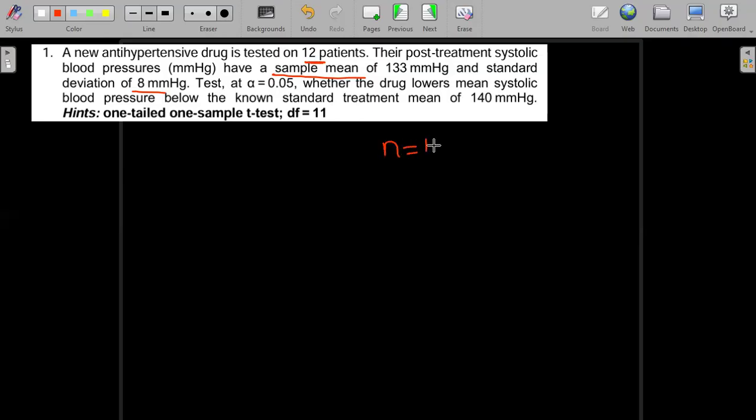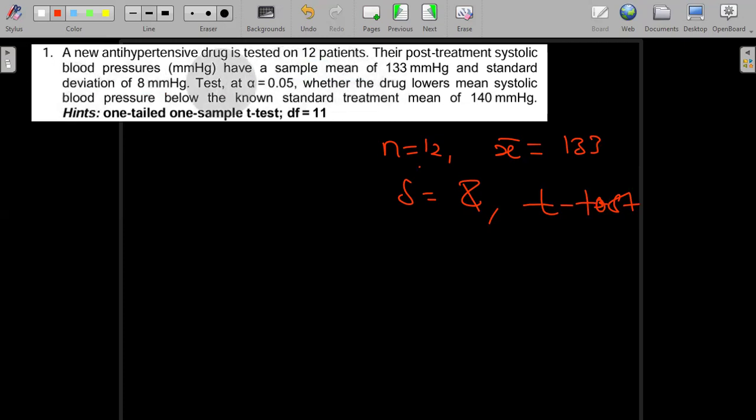The size is 12, the sample mean is 133, and the sample standard deviation, indicated by S, is 8. So the size is small, and no population standard deviation has been given. So here we use the t-test. But is it going to be a two-tailed or one-tailed test?